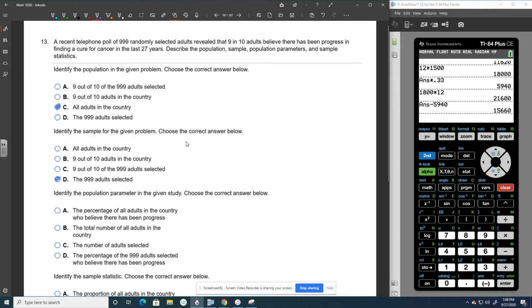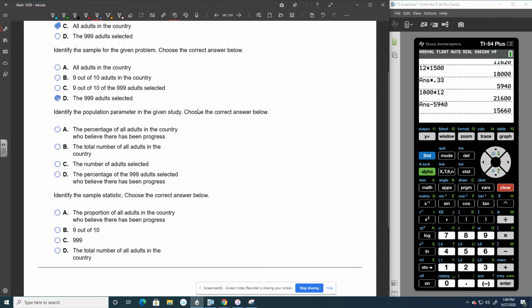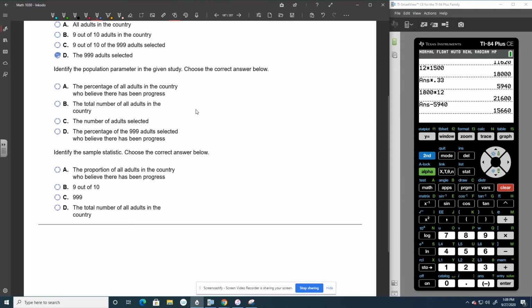Okay, they didn't ask 9 out of 10. They didn't ask 9 out of 10 of the 999. They asked 999 adults. Identify the population parameter. So what it's looking for is, do we believe there's progress in finding a cure for cancer? So they're not asking everyone.